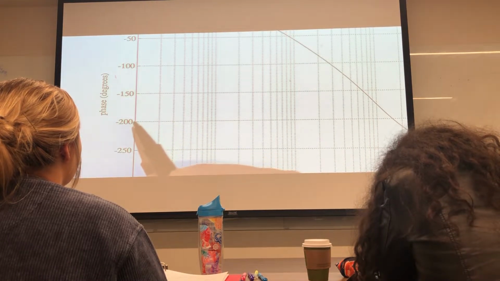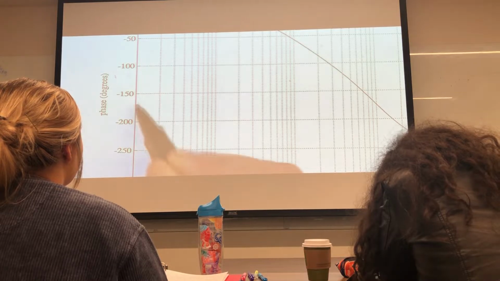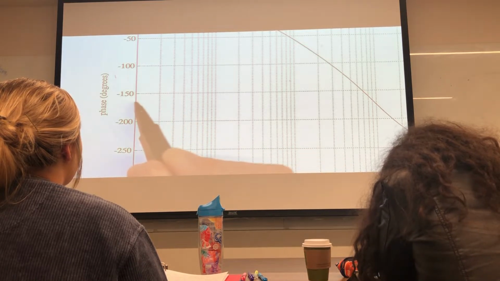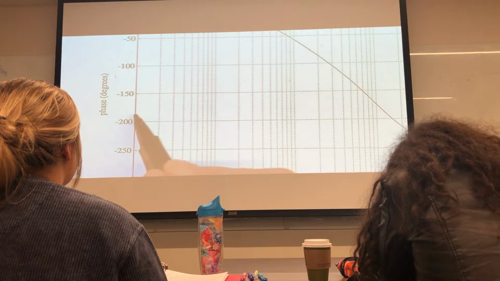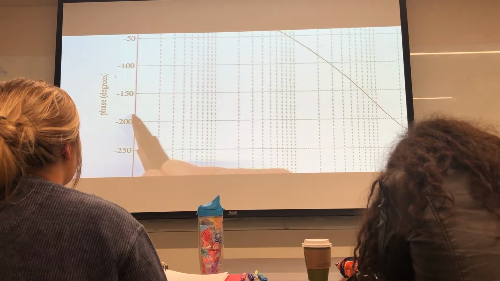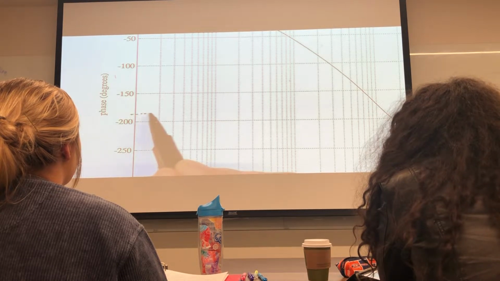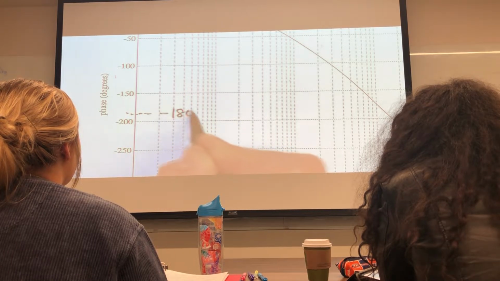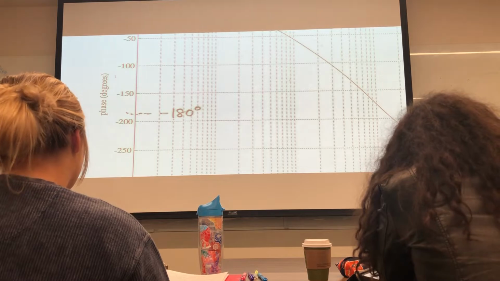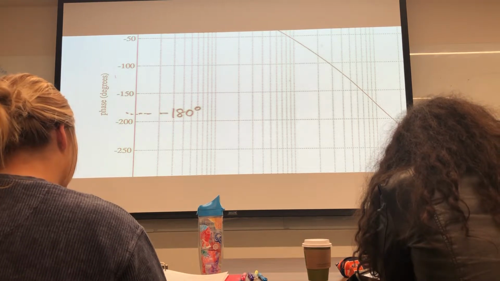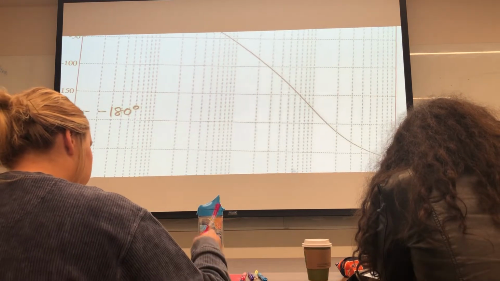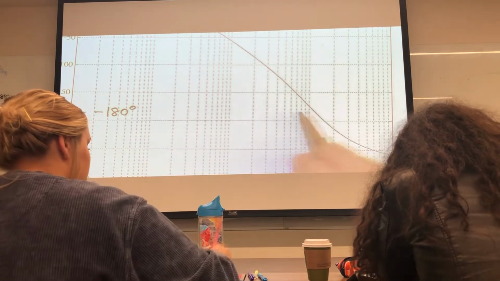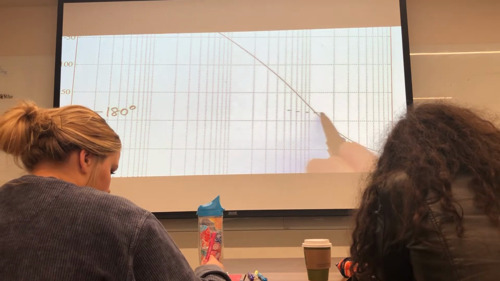Here's 150, here's 200. That's a total of 50 degrees. So 180 is probably somewhere about here. Got to eyeball it and figure out where 180 is. So maybe it crosses over right about here.